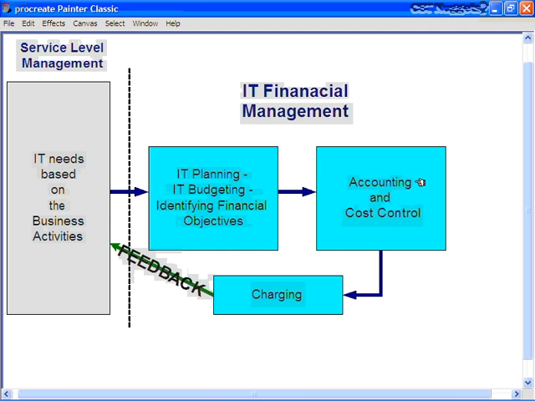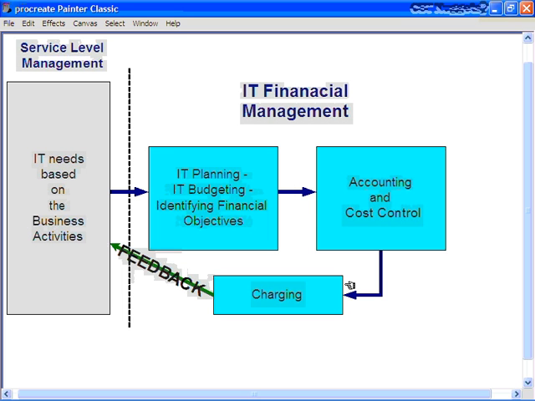The accounting and cost control process, the decisions that we make there are going to lead to how do we charge our customers. What is the fee that we charge? What is the hourly rate that we charge? What is the cost or the pricing structure for the IT services that we provide to the user or the customer?